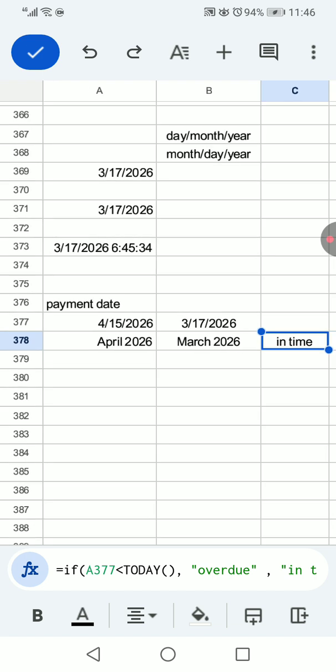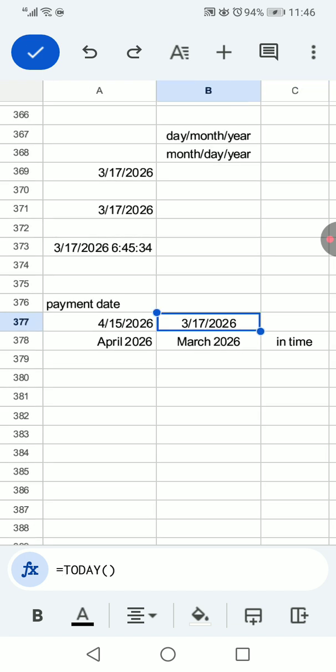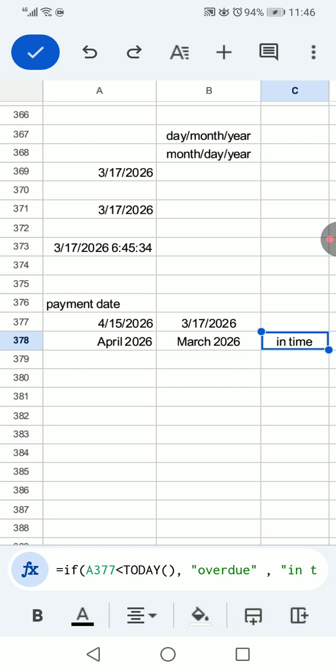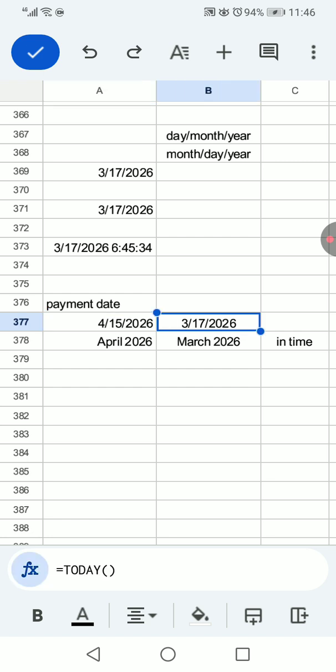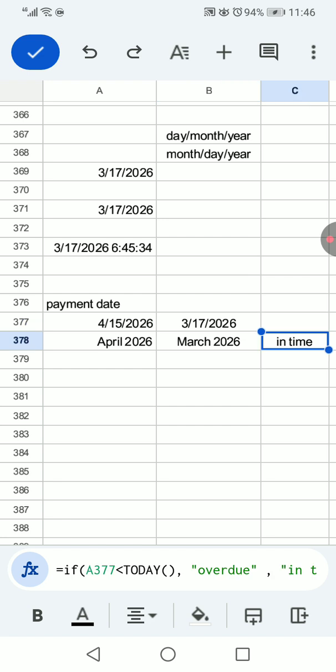It was just an example, the payment date and the due date. Due date was April and payment date was March, and we have paid this within time.